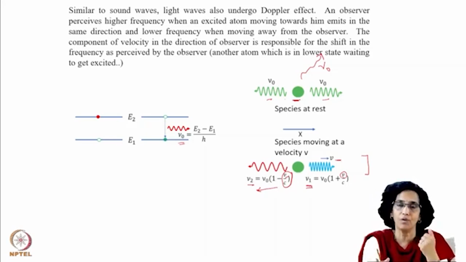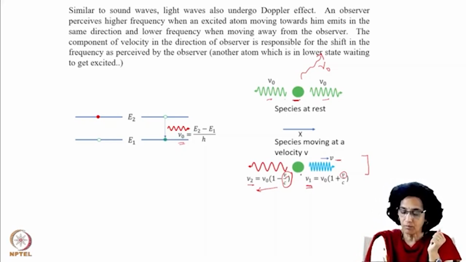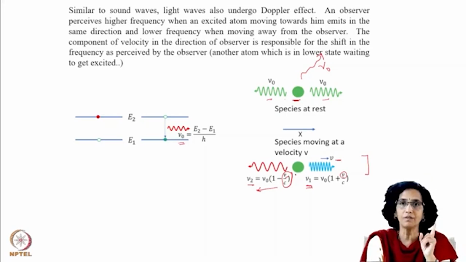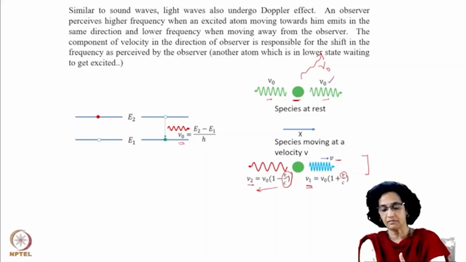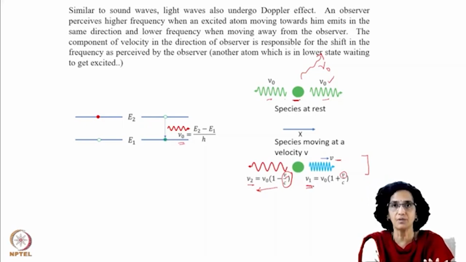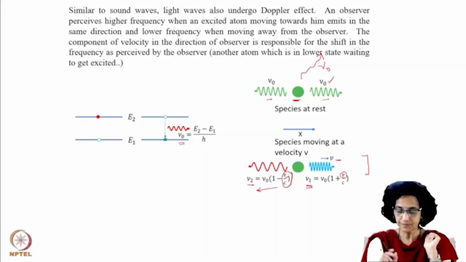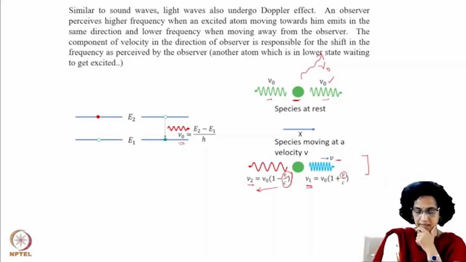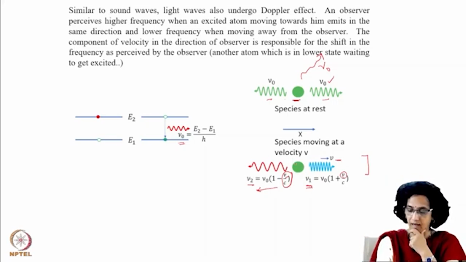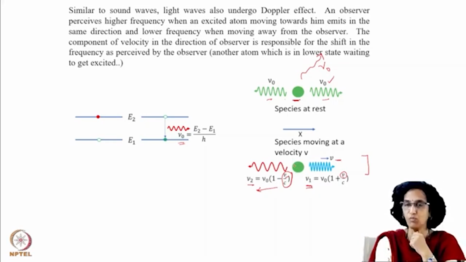So the molecule, although its central frequency of emission is nu zero, can emit at various frequencies depending on the component of velocity it has in the direction of emission.